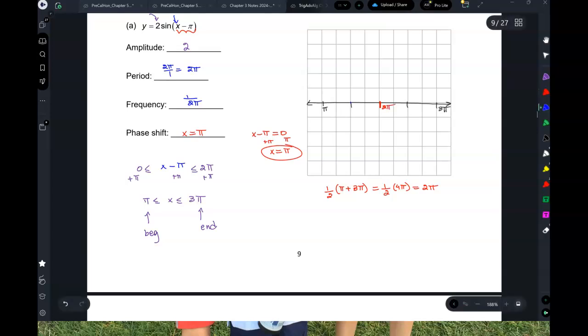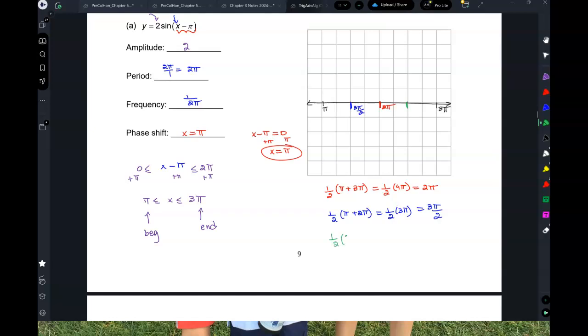Okay, let's find this blue. So halfway between pi and 2 pi, half of 3 pi, 3 pi over 2. Let's do the green one.